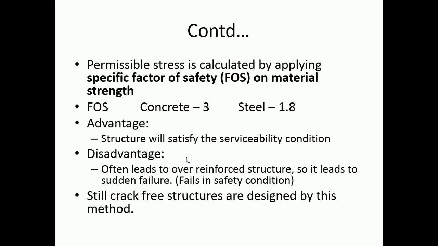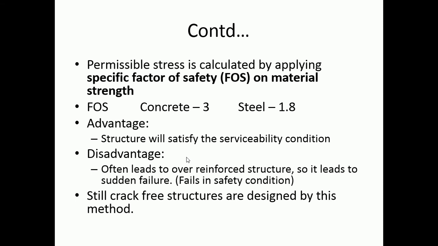And permissible stress. In case of working stress method we'll always be using this term, called permissible stress. Permissible stress is calculated by applying a specific factor of safety on material strength. So what we are actually doing in working stress method is we will not be touching the loads.